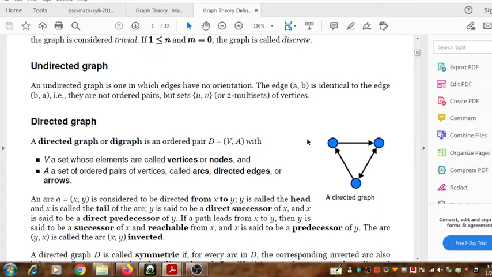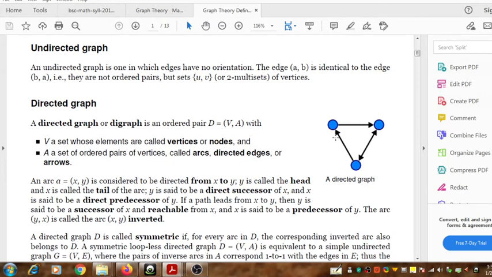A directed graph, on the other hand, is a graph in which edges get direction, either in one direction or two directions. And the example of a directed graph is shown here. You can see the directions associated with the edges in this graph.